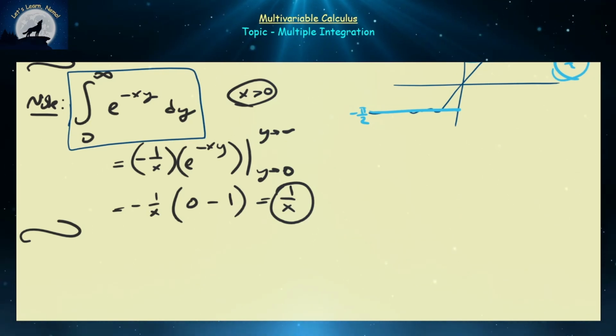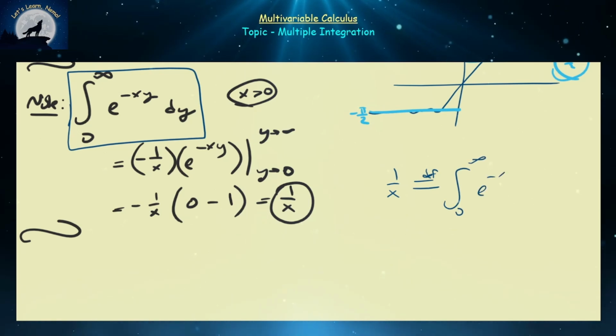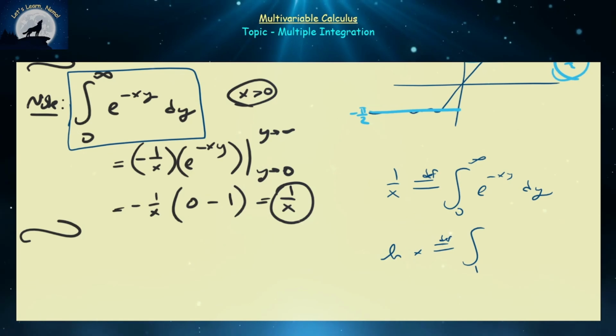So some people can be like, oh, how do you define the reciprocal function? The reciprocal function could be defined as the integral from 0 to infinity of e to the minus xy dy. And you're like, well, that's kind of strange. Why would you ever define a rational function like that? Well, keep in mind the natural log function can also be defined as the integral from 1 to x of 1 over t dt.